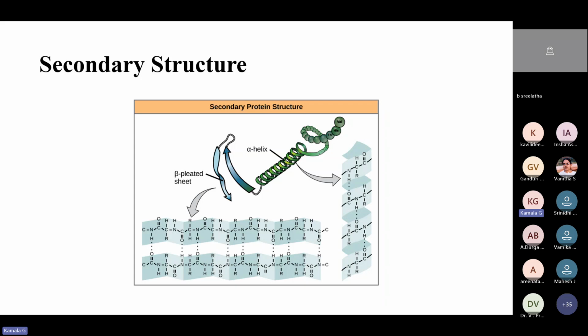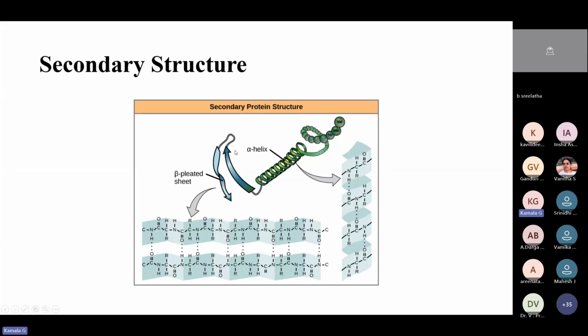Alpha helix is of 2 versions: right-handed alpha helix and left-handed alpha helix. Beta pleated sheets are parallel and anti-parallel, right? So here a right-handed helix is visualized in your structure. This is an alpha helix. An anti-parallel beta sheet results in this. So alpha helix and beta pleated sheets are connected with beta bends and beta turns.